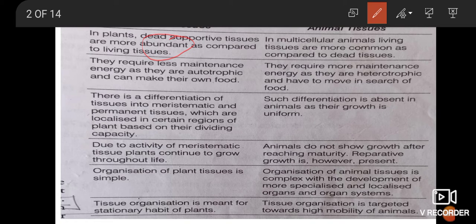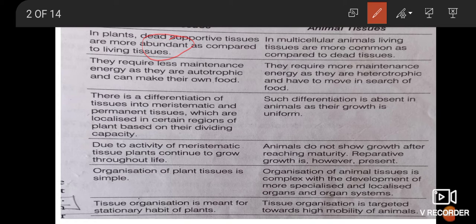Why supportive tissue? As I already told you, plants do not perform locomotion. They have to stay at one particular place, so they need support, mechanical support and physical support, right? So that is why the dead supportive tissues are more present as compared to living tissues. Living tissues are also present in plants, but in comparison to the living tissues, the dead tissues are more common.